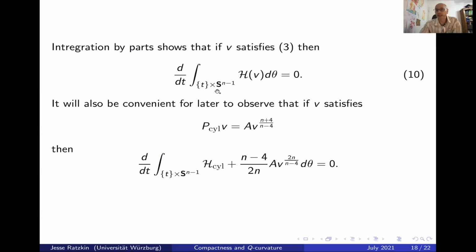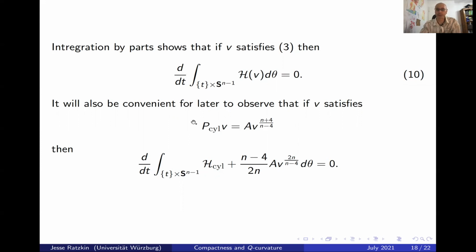Okay, if I integrate by parts, I find that this integral of the Hamiltonian energy over a constant t slice actually does not depend on t at all.